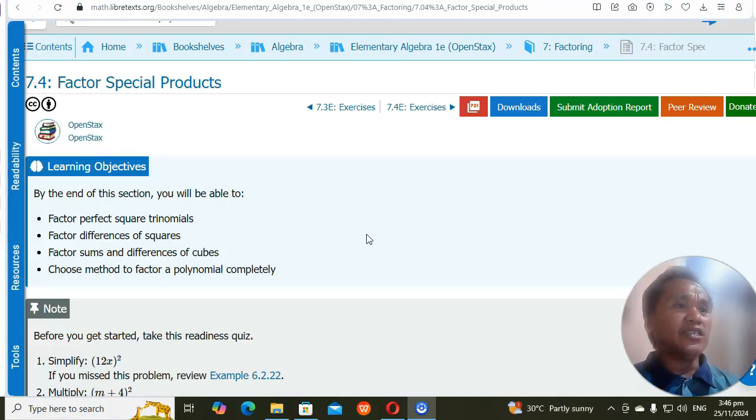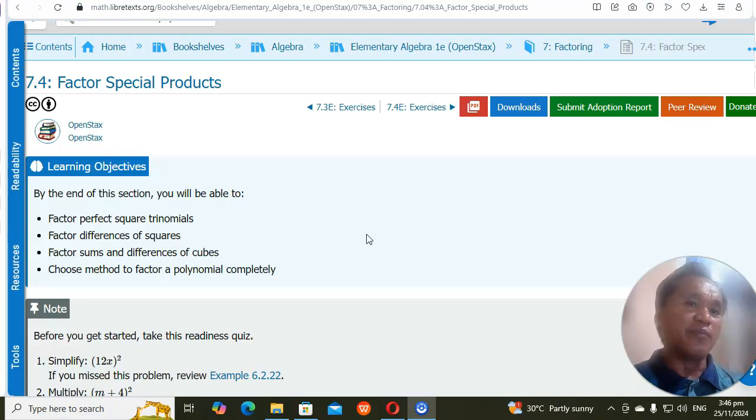So as we can see on the monitor, we have factor special products. So we have special products, we have a perfect square trinomial. So how do you familiarize yourself, or how do you detect that a special product is a perfect square trinomial?